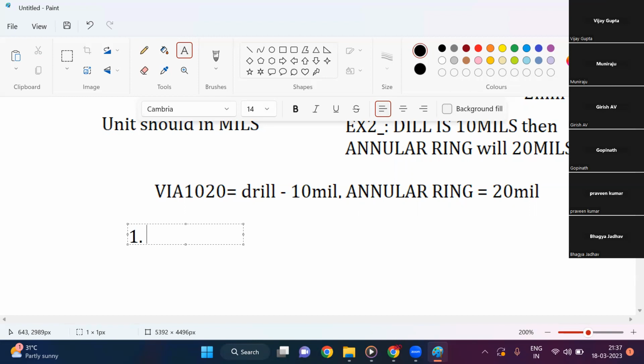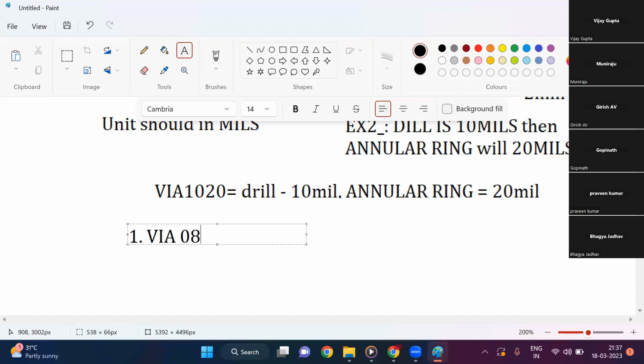Suppose we are using vias for signal tracks.